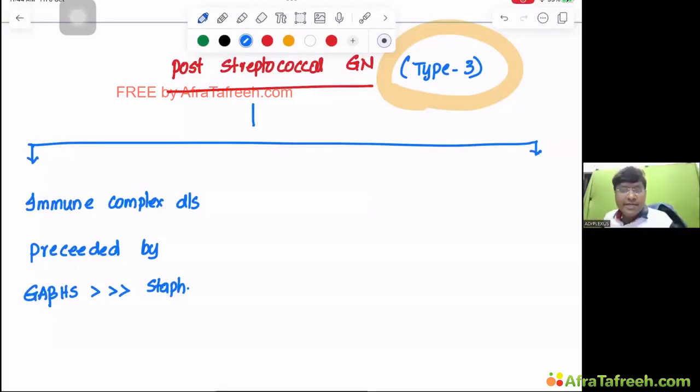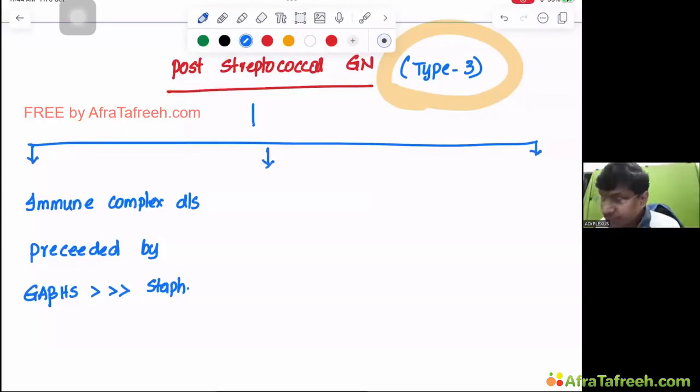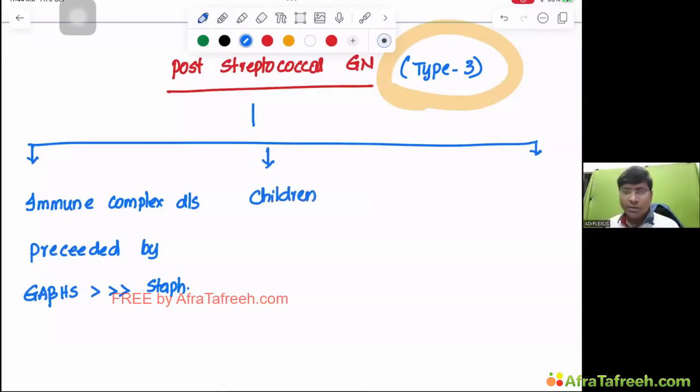Okay, but most commonly it is group A beta hemolytic streptococcus, and this is predominantly seen in children, right? Predominantly seen in children.